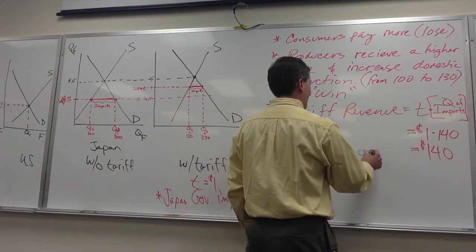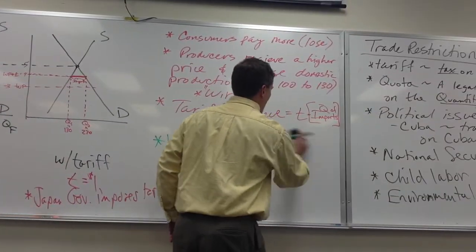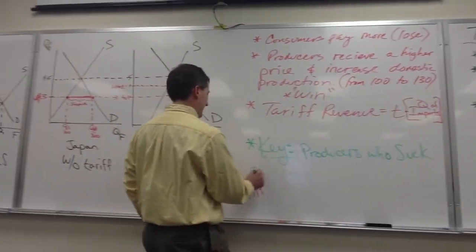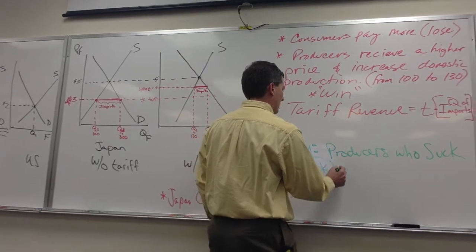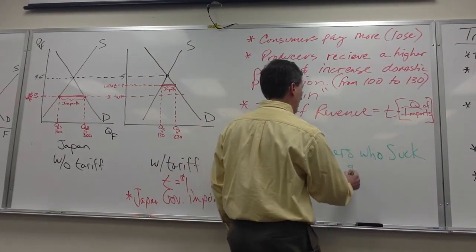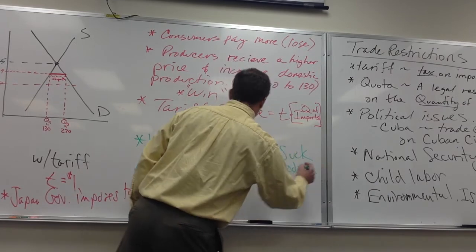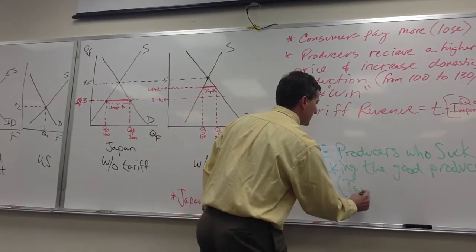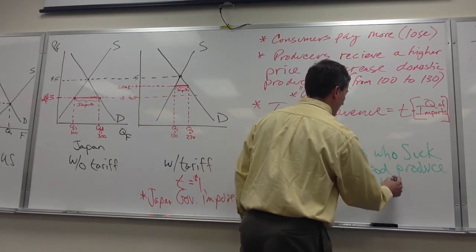Producers who suck at making the good produce more. These are, in this case, the Japanese producers, using our little example here.